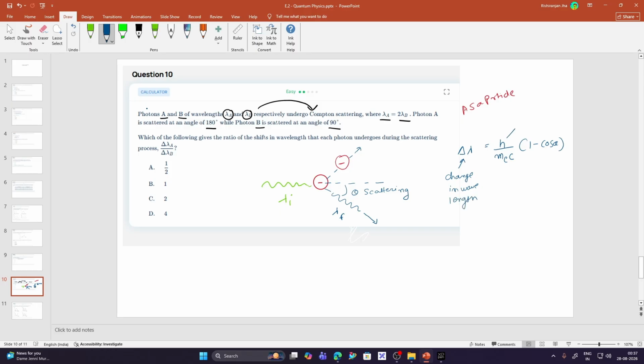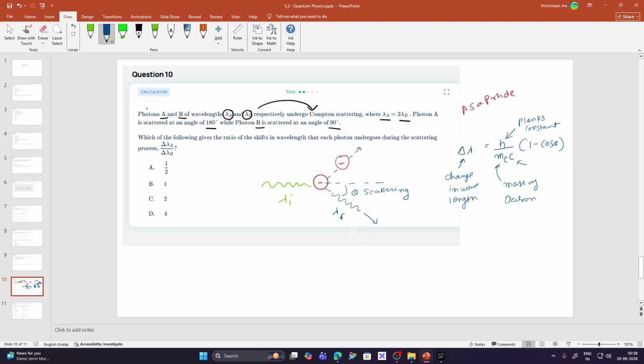This h, as you are already aware, is Planck's constant. This m_e is the mass of electron. Planck's constant and mass of electron you can find in your data booklet.